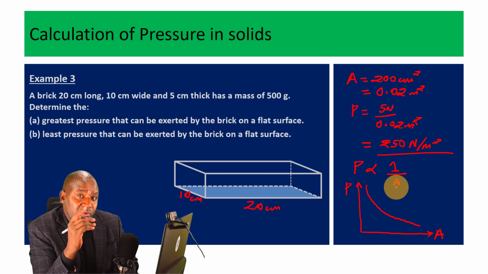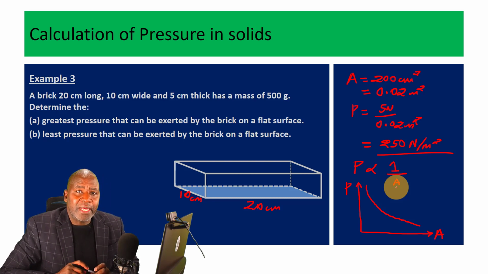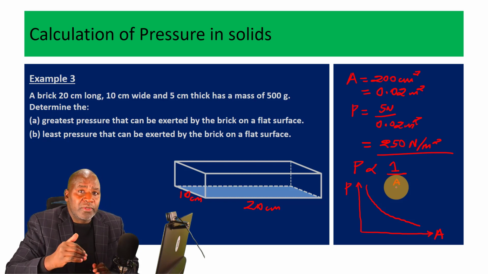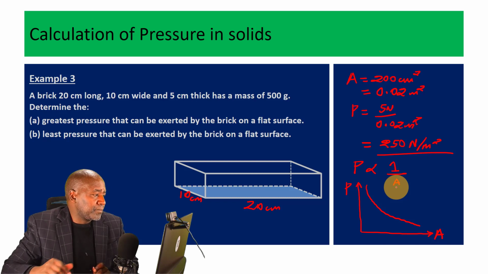Dependent variables on the y-axis, independent one on the x-axis. So that is what I wanted to add as far as dependent and independent variables is concerned, because it is something that is going to come out in most chapters in physics as we progress through our O-level physics.